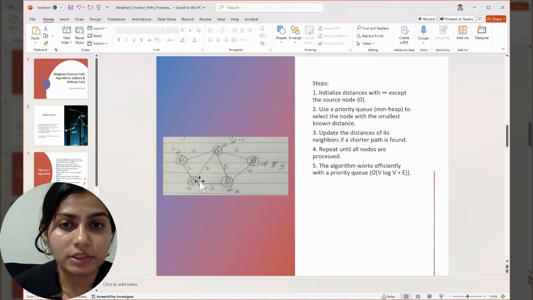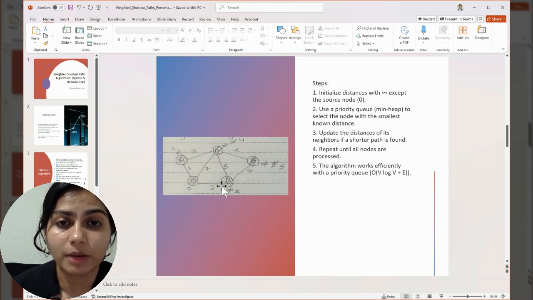Then I look at the graph for which nodes have a direct link. C has a direct link with A, so I add 0 plus 1, which is 1. The formula is: if the new value is smaller, you replace it. So 1 is less than infinity, and I replace it with 1.